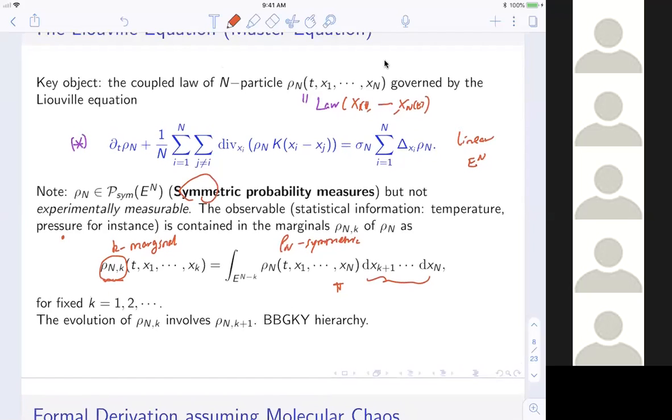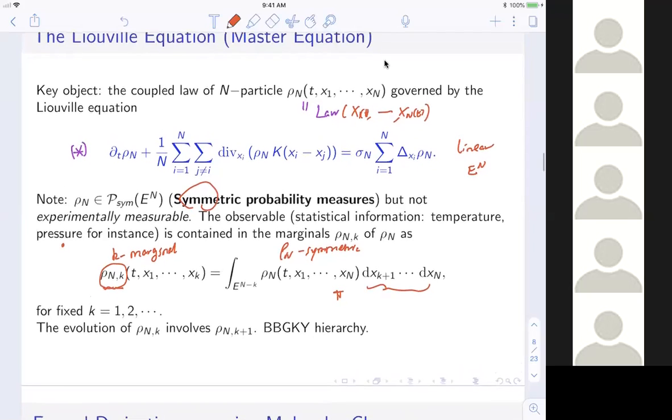If we integrate the Liouville equation star, we get the evolution of ρn,k, which will involve ρn,k+1. This is the BBGKY hierarchy.